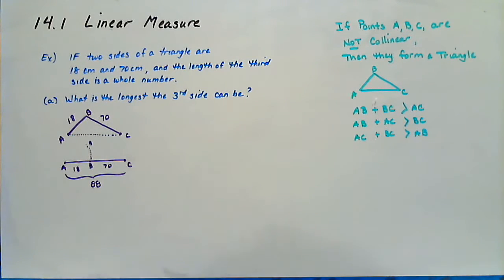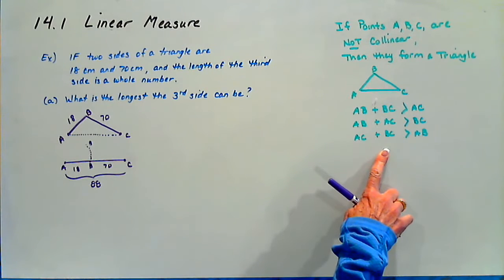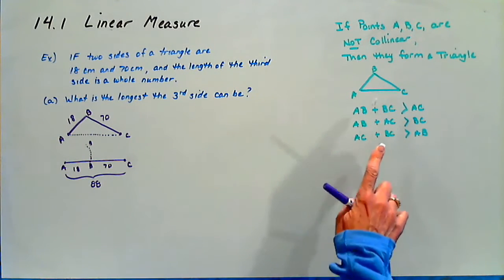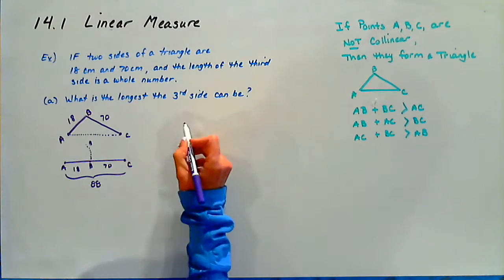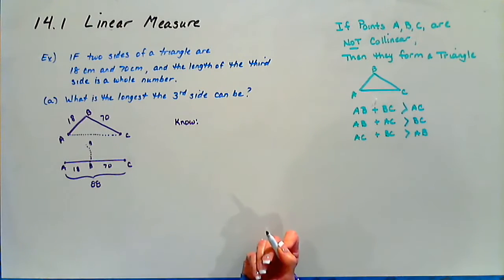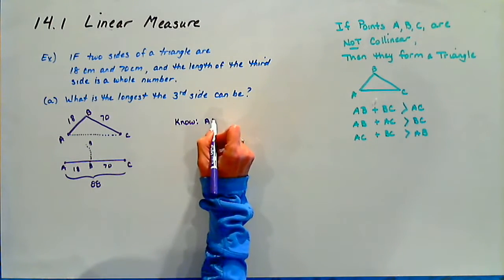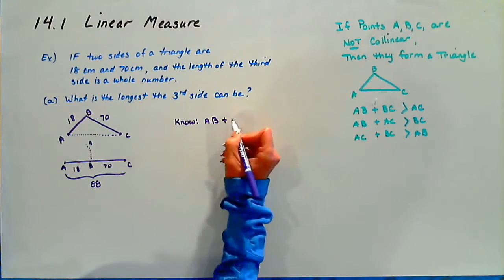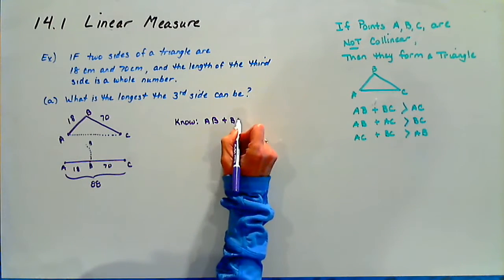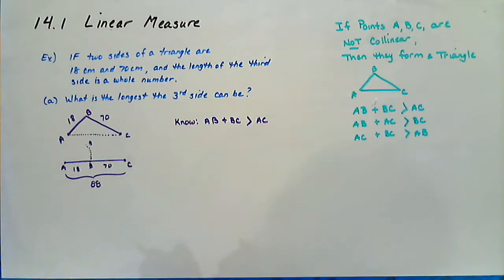Okay, so keeping in mind what we just learned, if I add any two sides, they must be longer than the third side. So any two sides have to be greater than the third side when added together. If I take the length of AB plus the length of BC, that has to be longer than the third side.